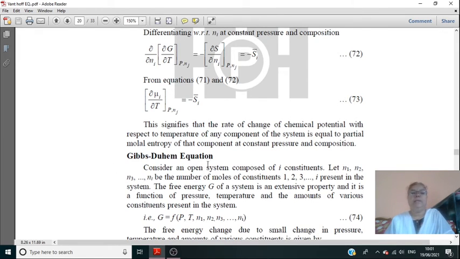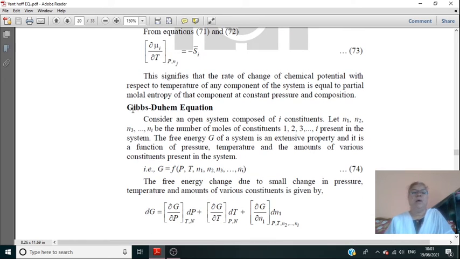And let us focus on the Gibbs-Duhem equation. This is a very simple equation related to chemical potential. Consider an open system composed of i constituents.